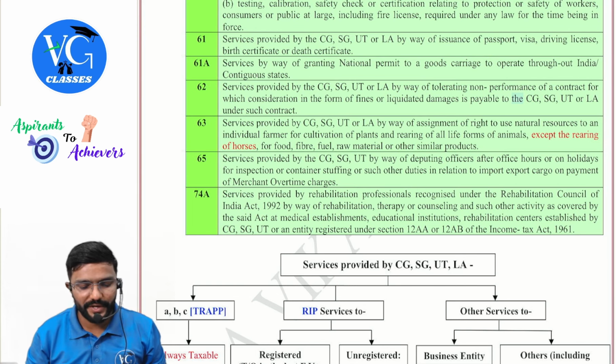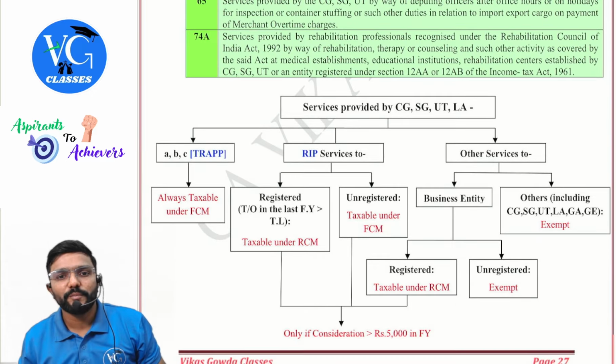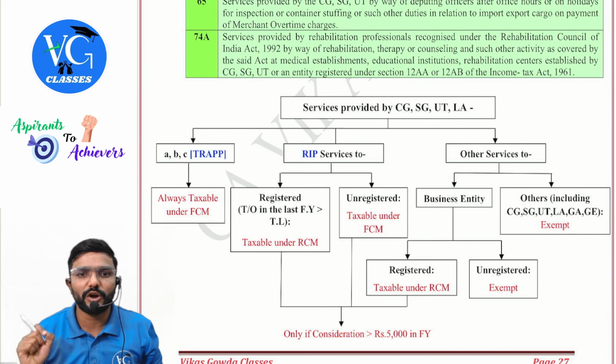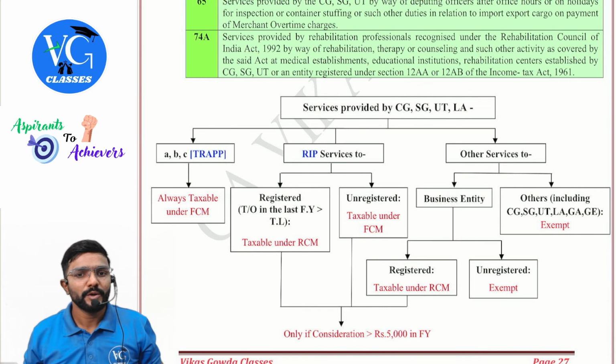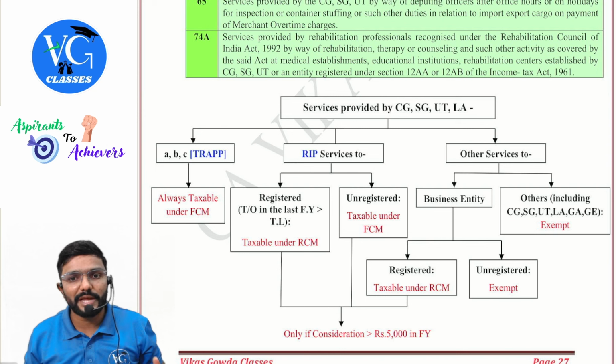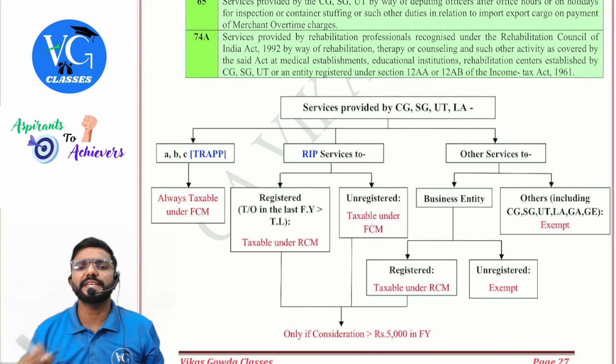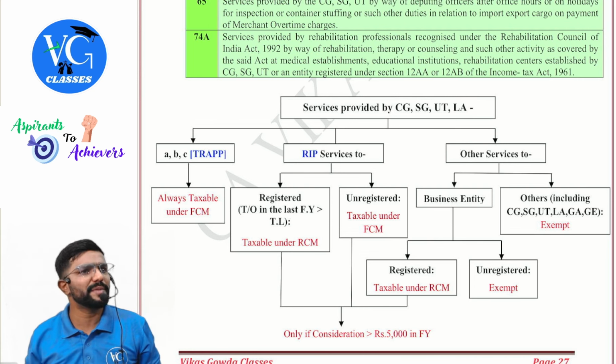Next, 74A. Services provided by rehabilitation professionals recognized under the Rehabilitation Council of India Act 1992 by way of rehabilitation therapy or counseling and such other activity as covered by the said act at medical establishments, educational institutions, rehabilitation centers established by central government, state government, union territory, or any entity registered under section 12AA or 12AB of Income Tax Act. You have watched Sanju movie?